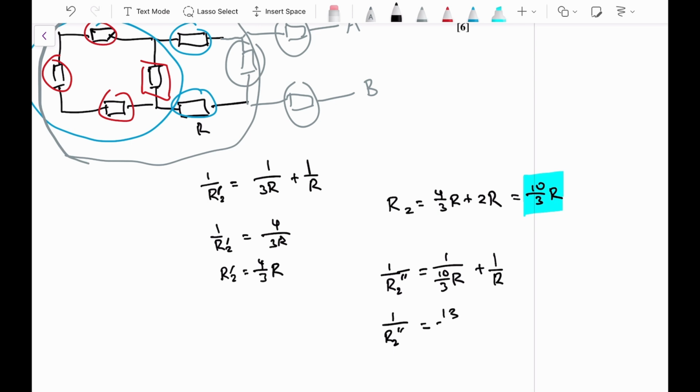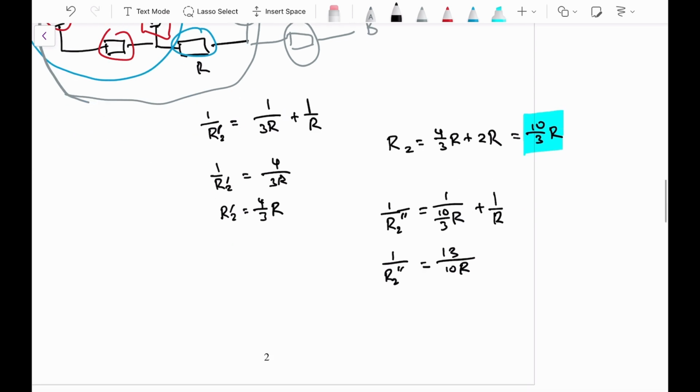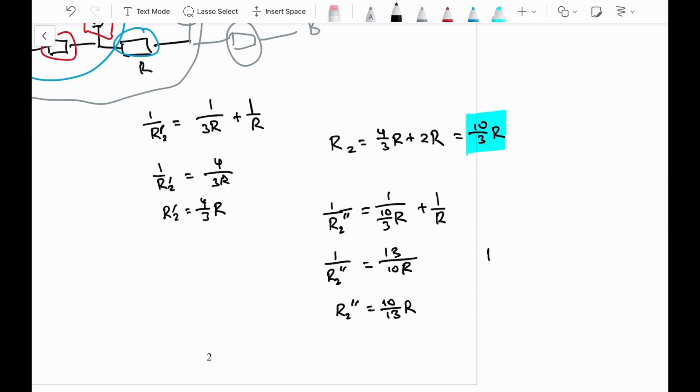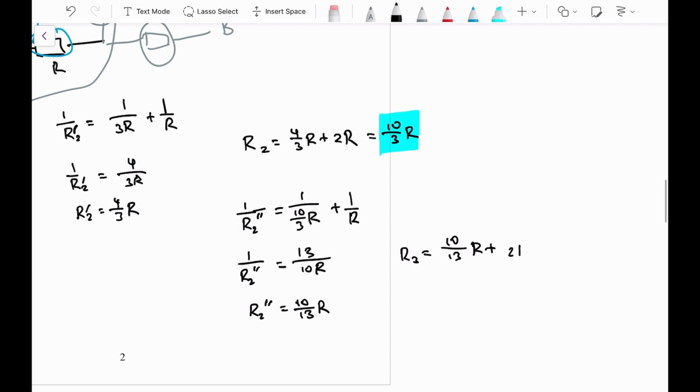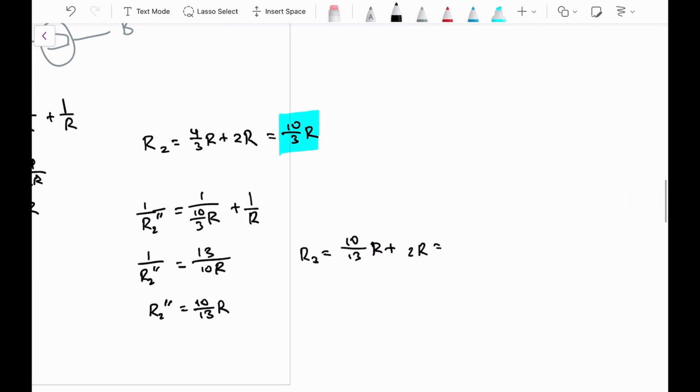Yeah, so therefore it's 13 over 10R. And the resistance of this part will be 10 over 13R. And therefore R3 will be equal to 10 over 13R plus 2R. And this will be equal to 36 over 13R. And this will be the answer.